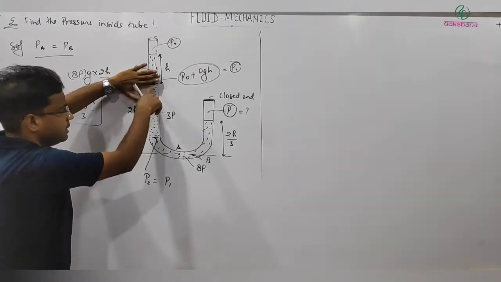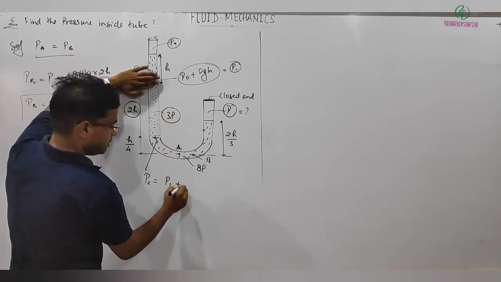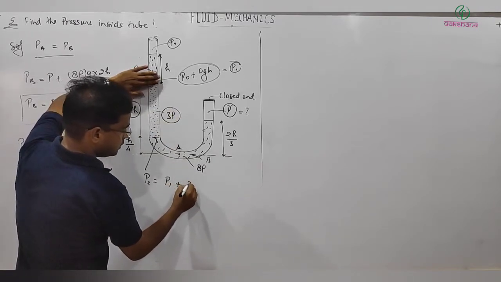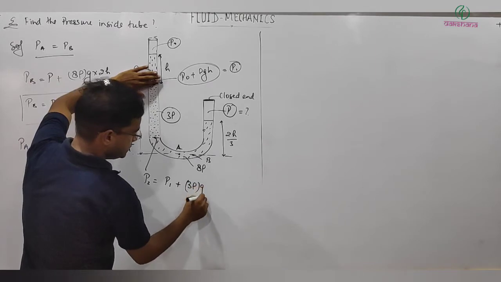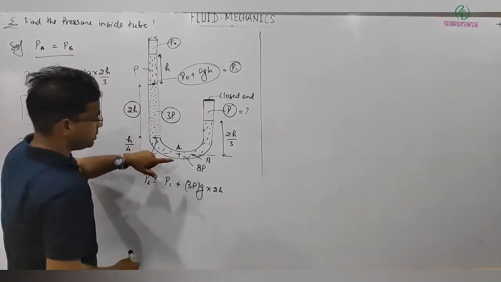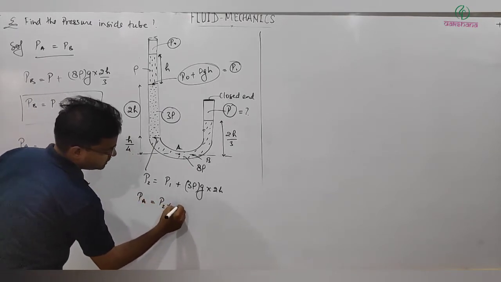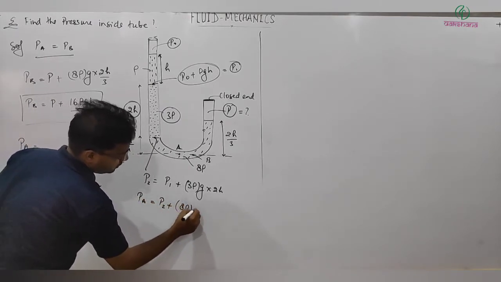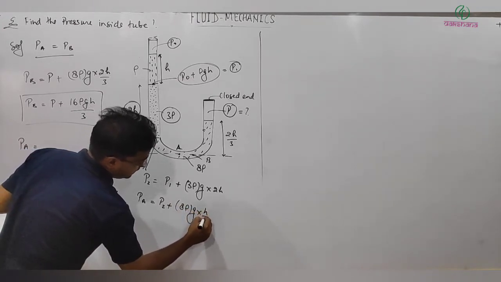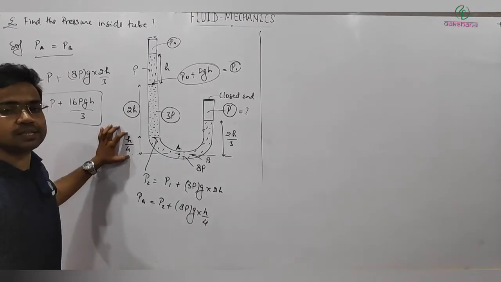If I am going to a depth 2h, with this density, then the pressure can be P1 plus density 3 rho, so rho G into height, which is given as h. Then pressure at point A will be PA equal to P2 plus rho G into h by 4, because here the height is h by 4.